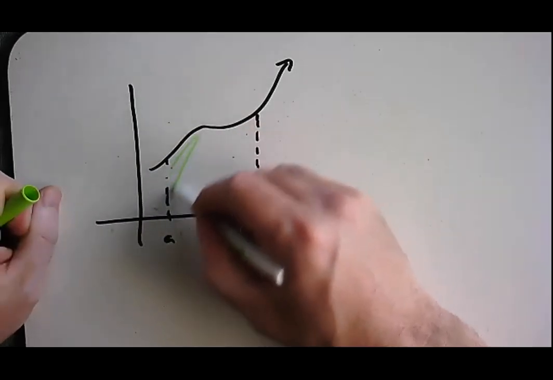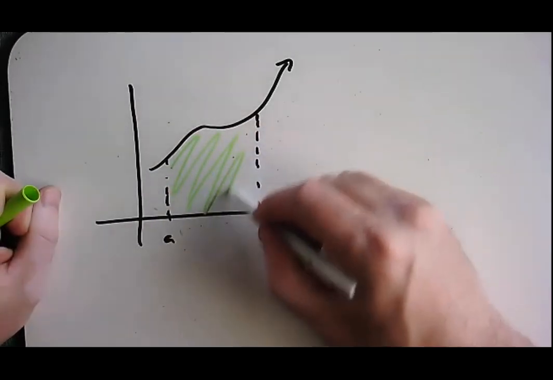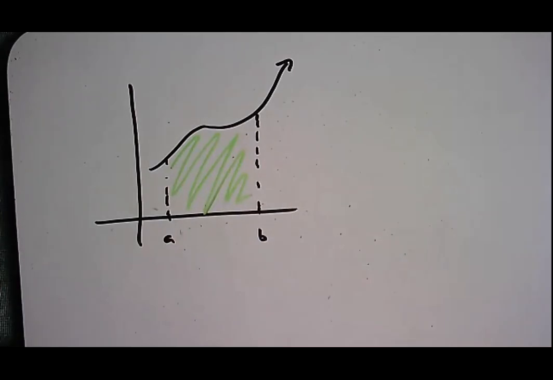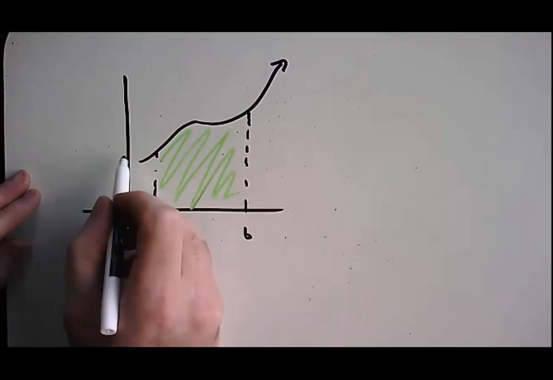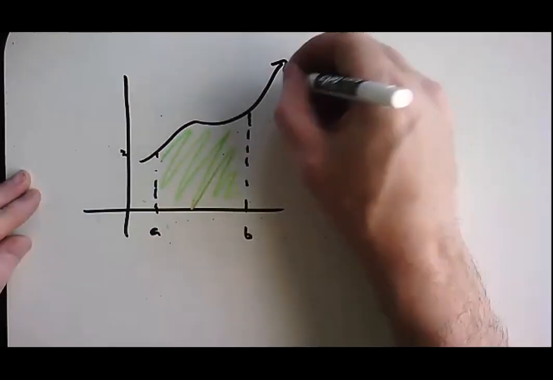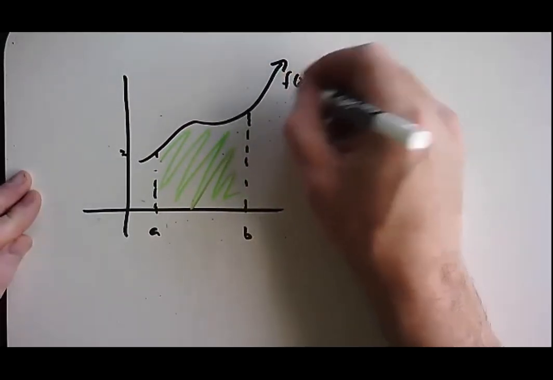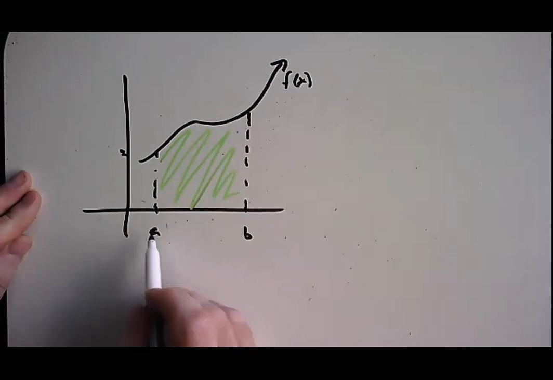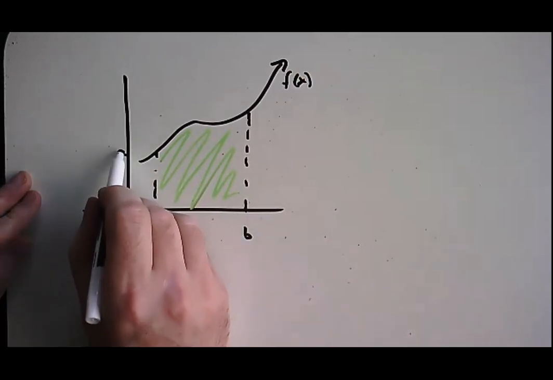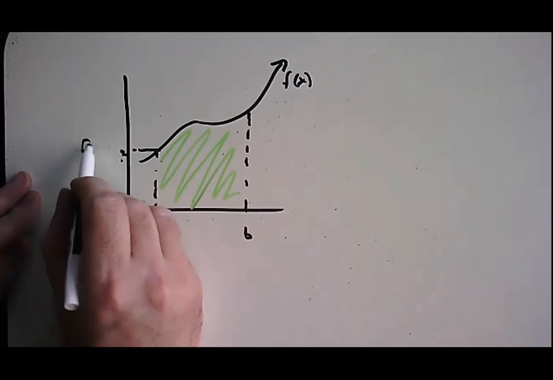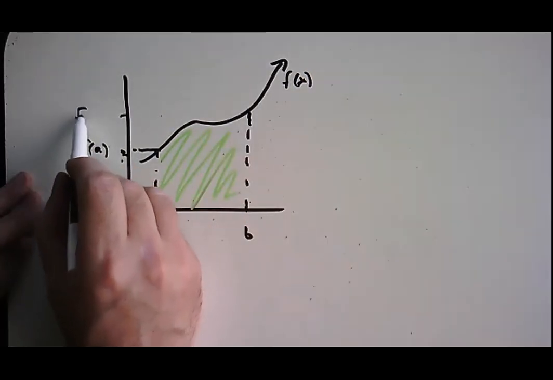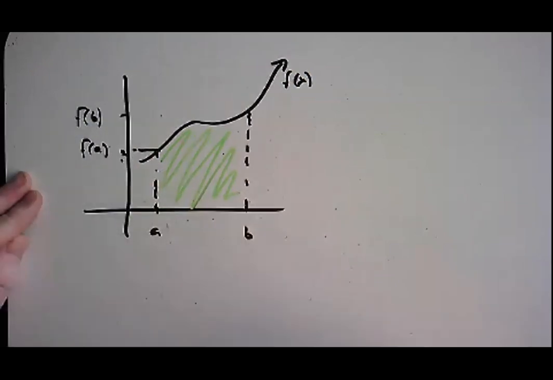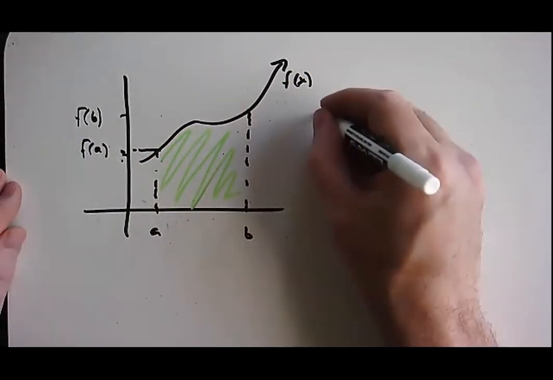Well, let's talk about some bad and better ways of approximating the area of that green region. If this is the function f of x, or y equals f of x, here are two x values, a and b. The y value right here would be f of a. And then over here would be f of b. So here are some bad approximations.